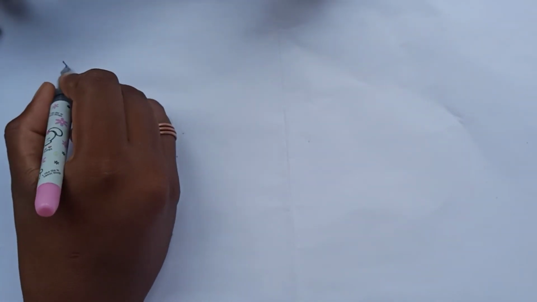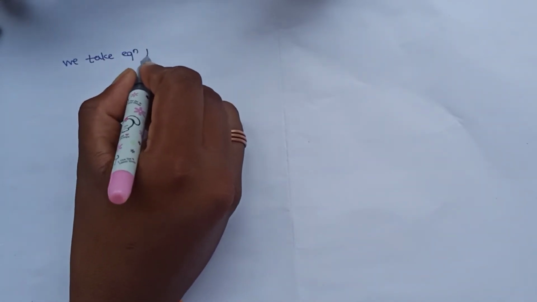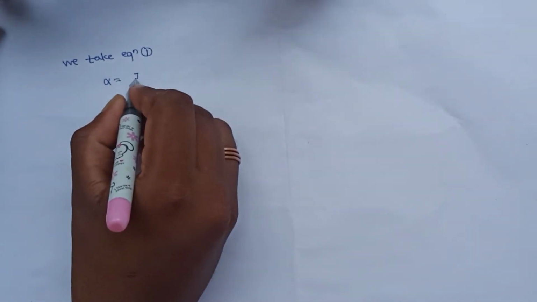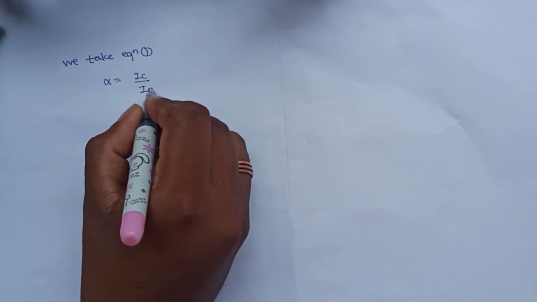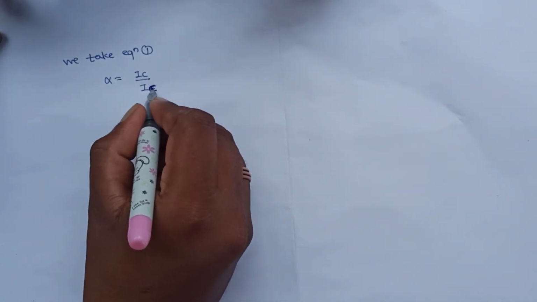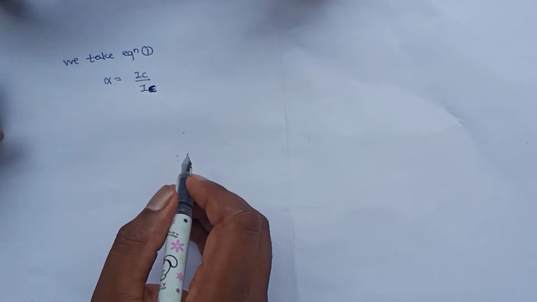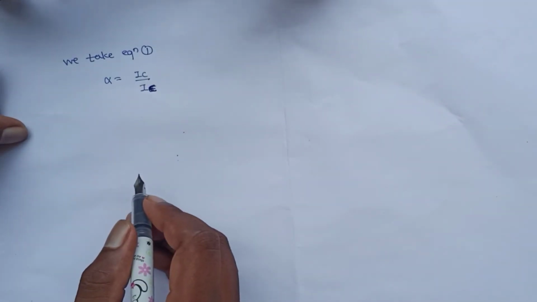First of all, we take equation number 1, which is alpha equals IC upon IE.